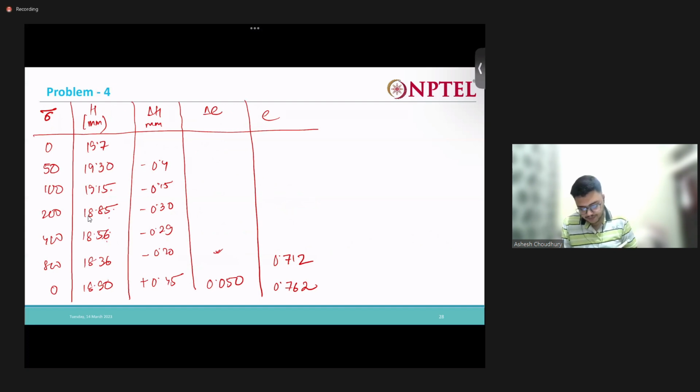It's from here to here, or from here also you can. So if you want to deduct from the e_f, we will take the changes from here to here. How to determine this?